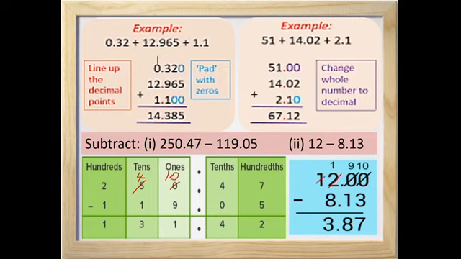So this becomes 0 and this becomes 11. Understood, children? And now we'll start subtracting. 10 minus 3 is 7. 9 minus 1 is 8. 11 minus 8 is 3. And there is only 0 here. So the difference of 12 minus 8.13 is 3.87. Is it clear, children?